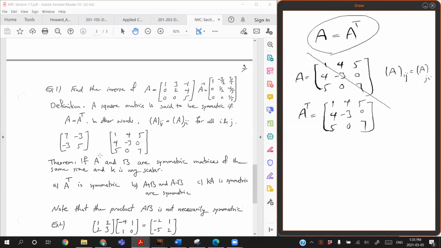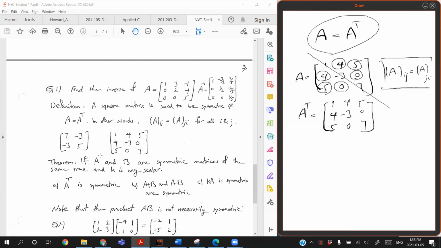Like, for example, entry 1, 2 is the same as entry 2, 1. Entry 1, 3 is the same as entry 3, 1. Entry 2, 3 is the same as entry 3, 2. If a matrix has this property, then it is symmetric.